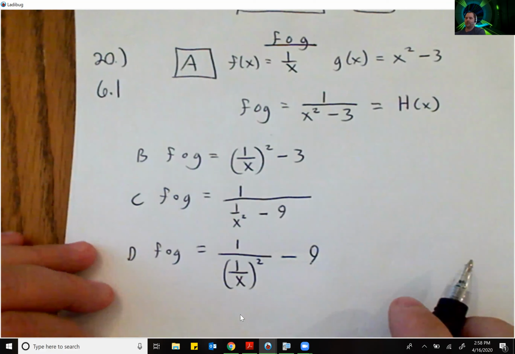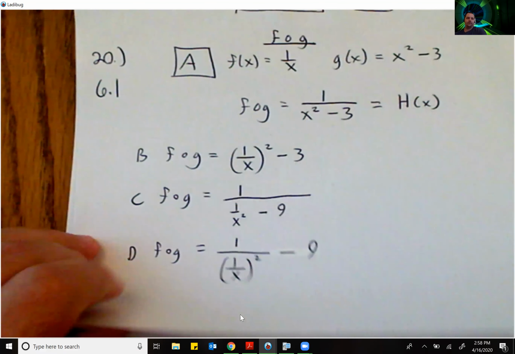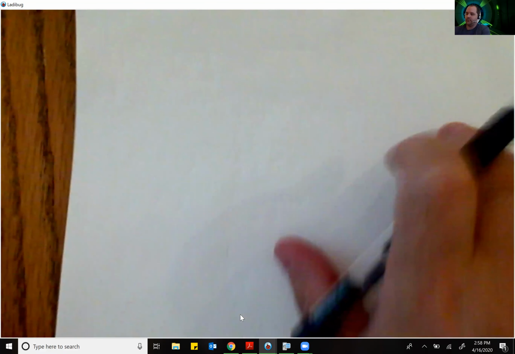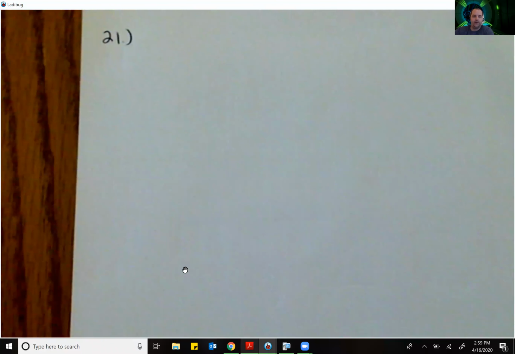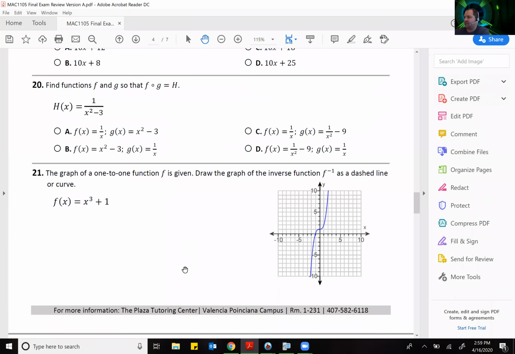Okay. Number 21. This one is coming from section 6.2. It says the graph of a one-to-one function is given. Since it's one-to-one, that means we can find the inverse.